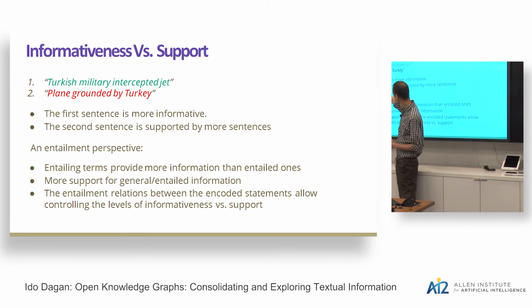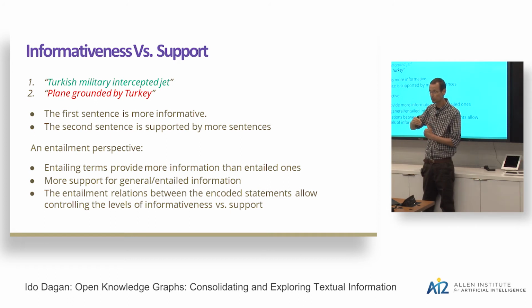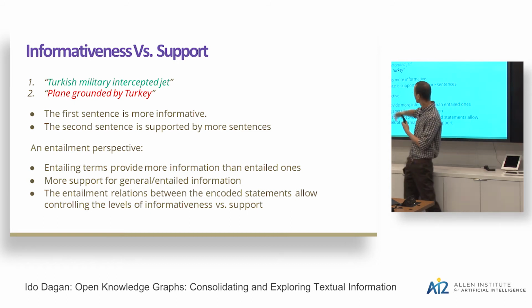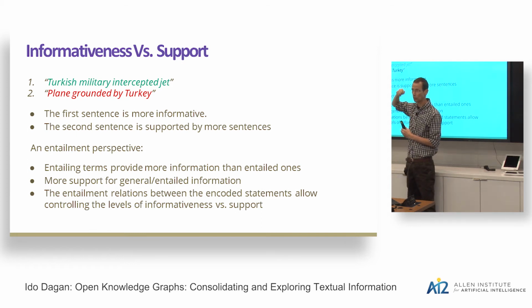And notice there's also another kind of relevant interplay here: while the second sentence is more general, it would have more support in the original tweets or in the original sentences. Remember this boldness, this kind of frequency. Suppose I've seen these two sentences in the original text, then the information here has only one point of support, only one sentence supporting it, while the information conveyed here is actually supported by two sentences.